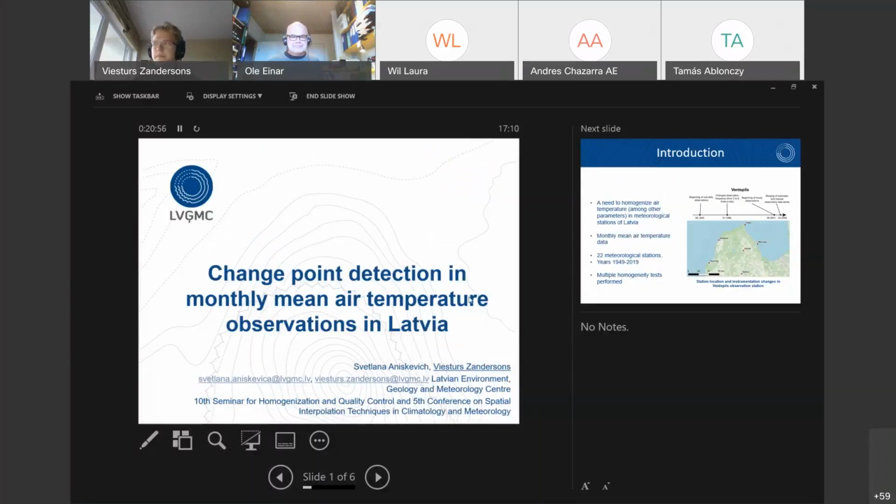Okay. So, this work is more of an experiment that we did in Latvia in homogenization and change point detection in monthly mean air temperature data.